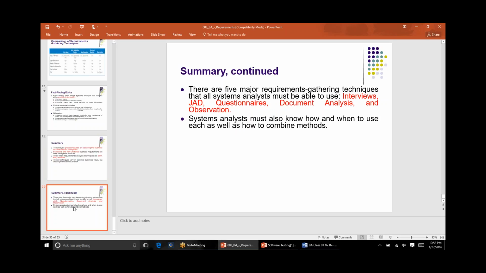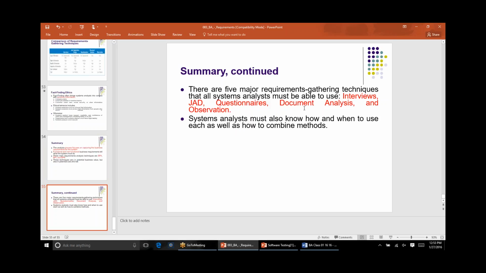Summary. There are 5 different requirement techniques: interviews, JADs, questionnaires, document analysis, and observation. Normally, from my personal experience, people combine a few of these together. They do JAD, and in the JAD they use questionnaires to ask questions.